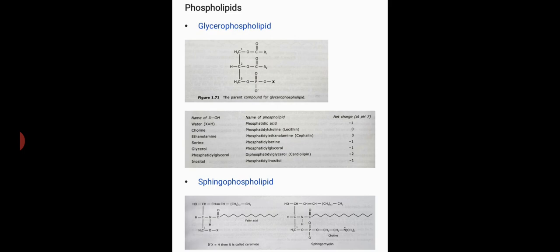The hydroxyl groups of carbon 1 and carbon 2 of glycerol are esterified to carboxyl groups of two fatty acid chains, and the carbon 3 hydroxyl group of the glycerol backbone is esterified to phosphoric acid. If no further addition is made, the resulting compound is phosphatidic acid, the simplest glycerophospholipid.